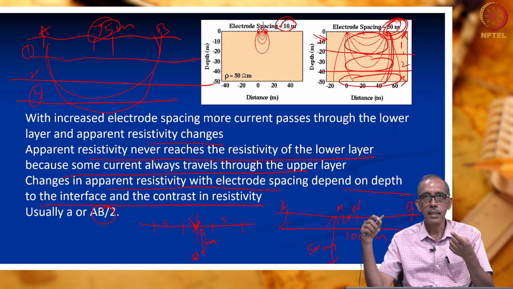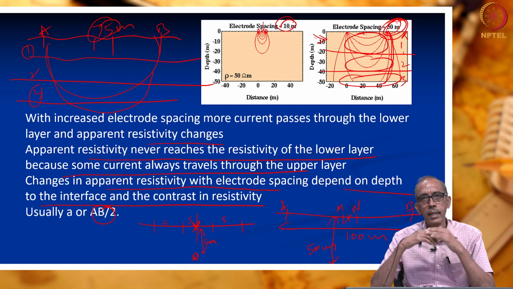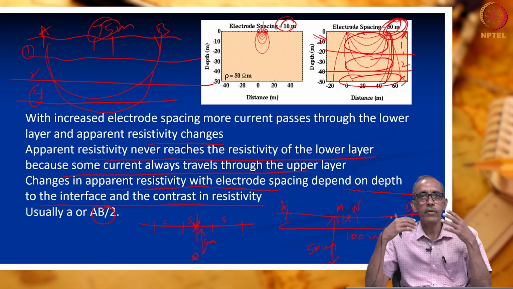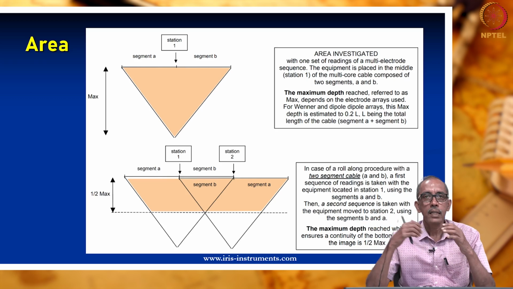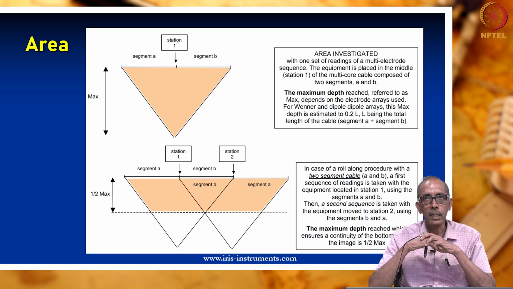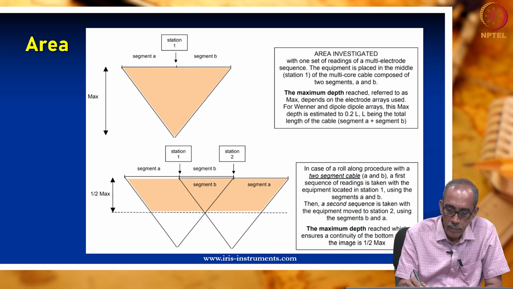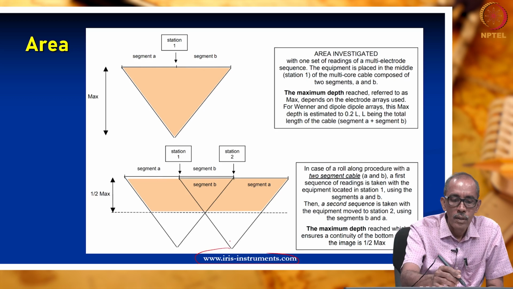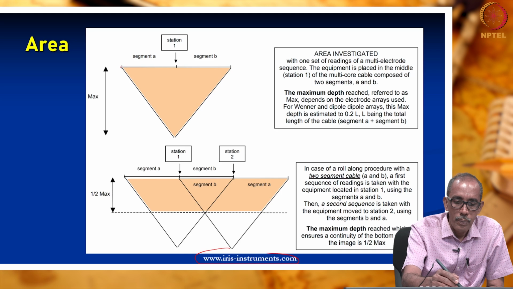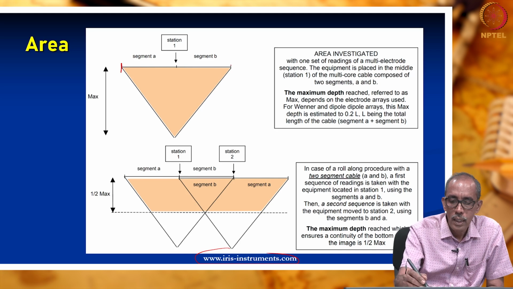Then the next is, when you conduct a survey, what is the cross sectional area which we are investigating? That is the next thing. So, this company has given us a nice diagram. Suppose these are the locations of electrodes, whether it is Schlumberger or Wenner.